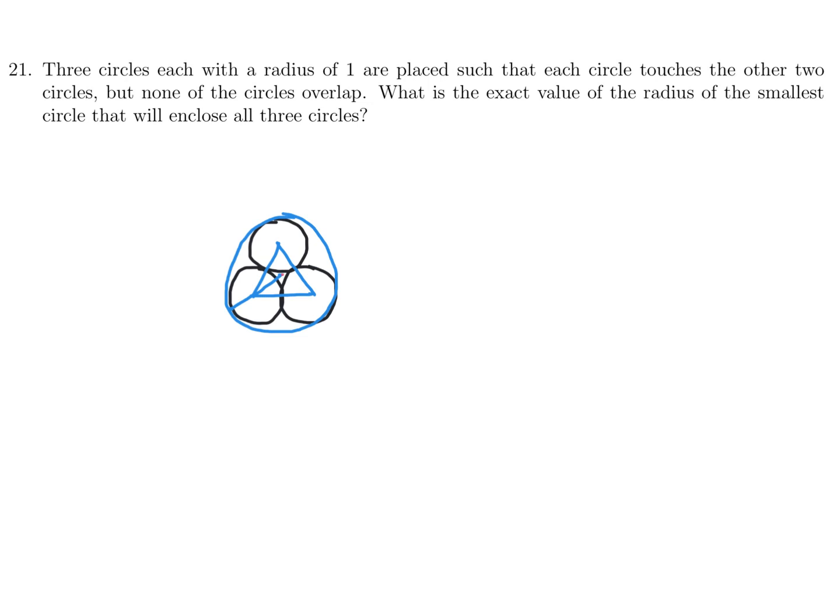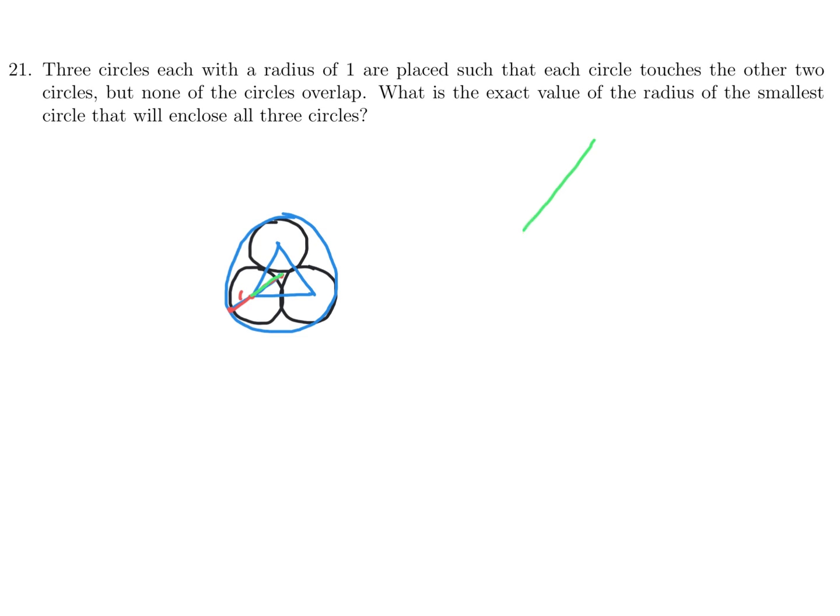This is the center of the big circle, from that point all the way to the end. That is what we're looking for. Now, from this point here to there, that's just the radius of the small circle, which is 1. So therefore, I just have to find this from here to here. Okay, I think I can do that.